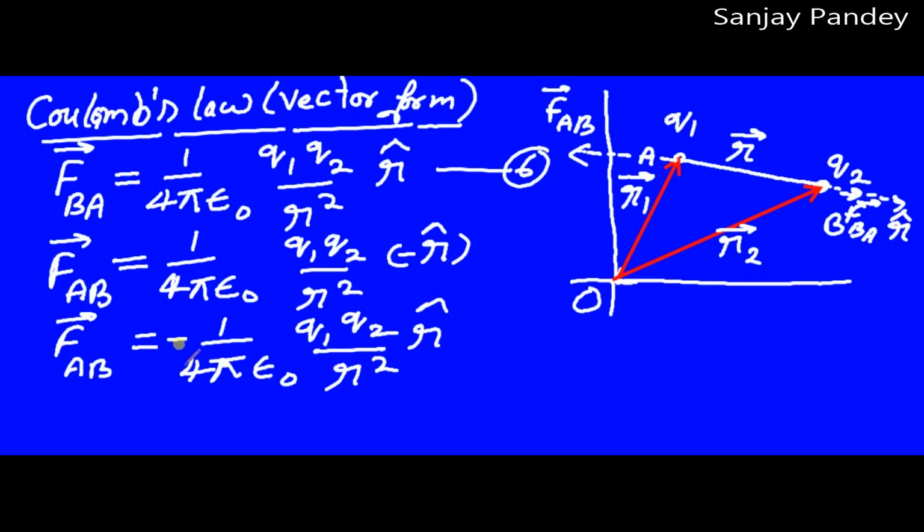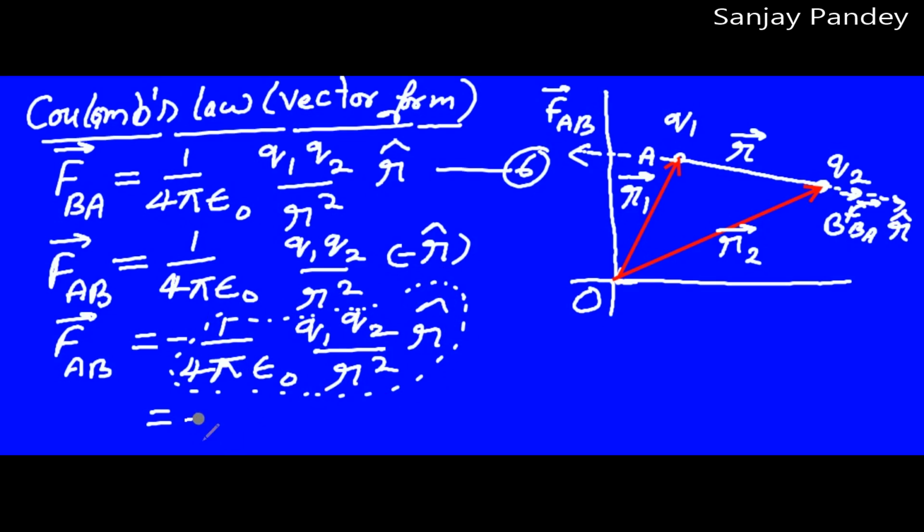This is your negative sign. This value is equal to F BA, so we can write F BA in place of this value.